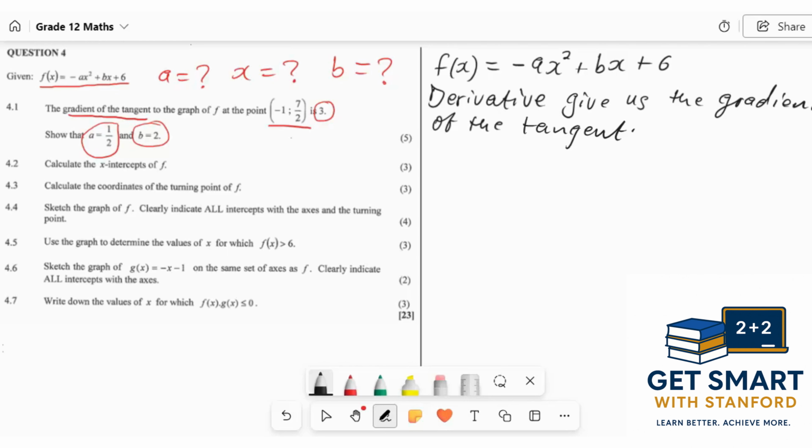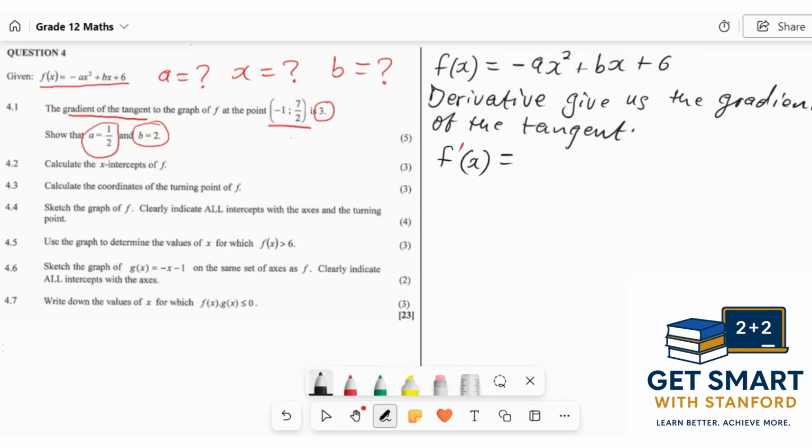So if the derivative is going to give us that, let us go on and find the derivative by differentiating. We have learned this in grade 11, I believe, so we should know by now what it means to differentiate. When we differentiate, we are going to have f prime of x. It's no longer f of x, it's f prime of x, and f prime of x equals the gradient of the tangent.